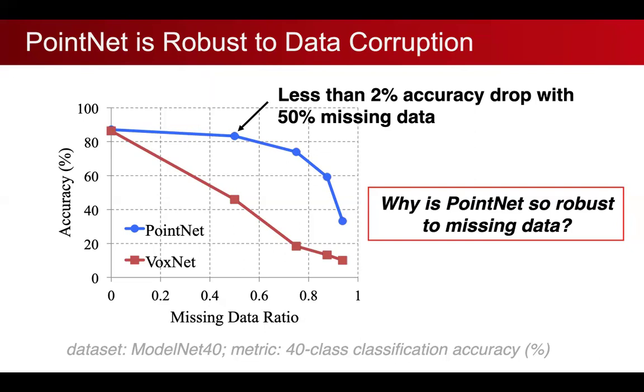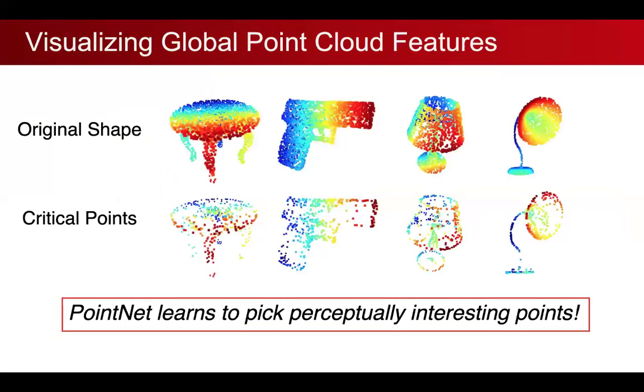So this is also an important point, and it raises a question: why is PointNet so robust to missing data? The reason is that it concentrates on points, and the points are unordered, and it concentrates on the important points, basically giving attention to the important points of the shape. We call these critical points. So this is the input of the neural network, the point set colored by some characteristics.